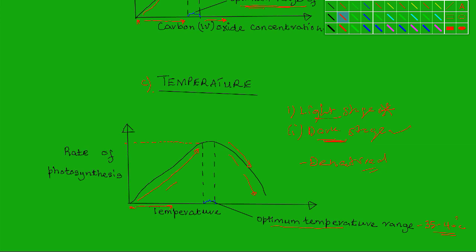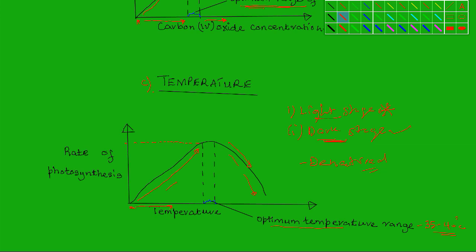In photosynthesis, light intensity, carbon dioxide concentration, and temperature interact in influencing the rate of photosynthesis at any one given time. So these three factors are very, very critical in determining the rate of photosynthesis.